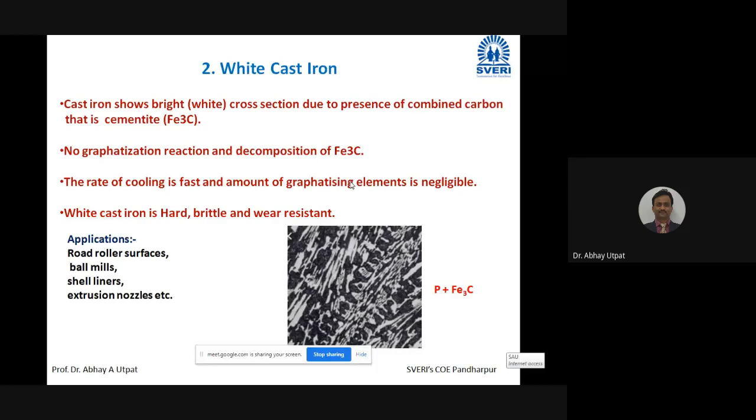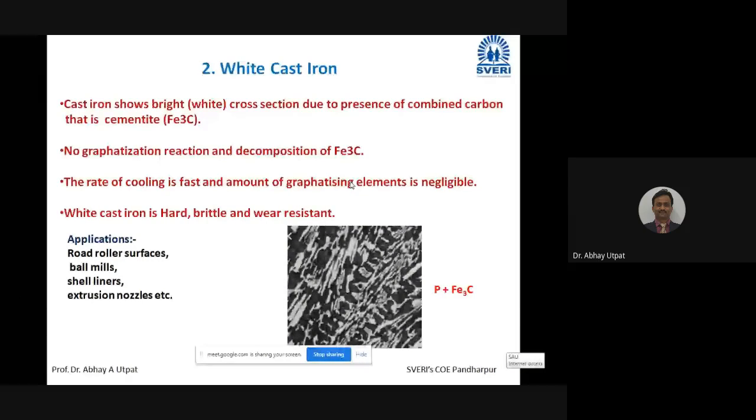Why is this happening? Just recall the table I showed in the last class. What are the favorable conditions for white cast iron? The favorable conditions are a lower percentage of carbon, a fast cooling rate, and a negligible amount of graphitizing element. The graphitization reaction, Fe3C giving 3Fe plus C, requires some time. During that process only, the cementite decomposes into iron and carbon.